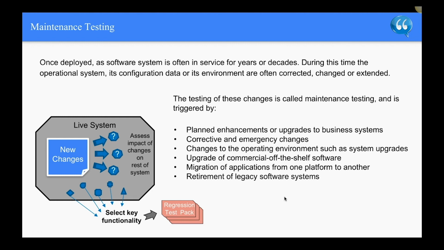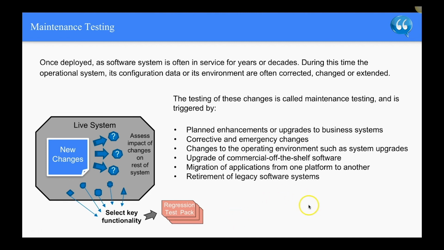So the testing of these changes is called maintenance testing, and it's triggered by planned enhancements or upgrades to business systems, corrective and emergency changes, changes to the operating environment, such as system upgrades, upgrade of commercial off-the-shelf software, migration of applications from one platform to another, and retirement of legacy software systems.